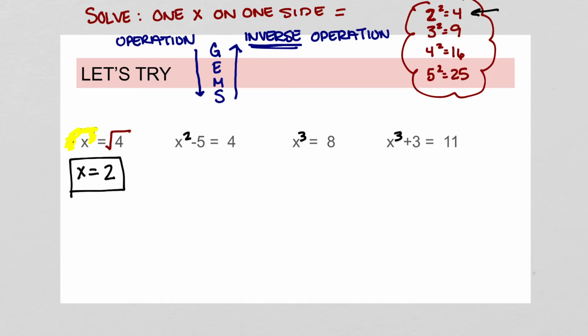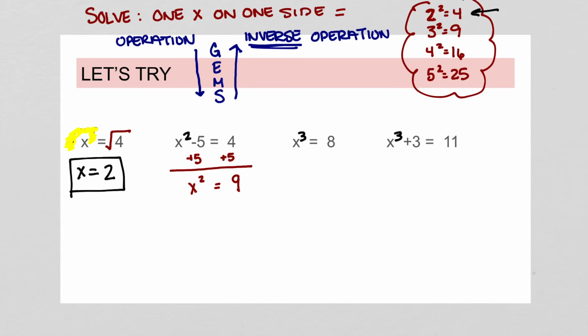So let's undo that minus 5. What I do to one side of the equal sign, I have to do to the other. So negative 5 and positive 5 combine to give me 0. On the left side, the only thing I have is x squared. And 4 plus 5 is 9. Now I have just an x with the squared.